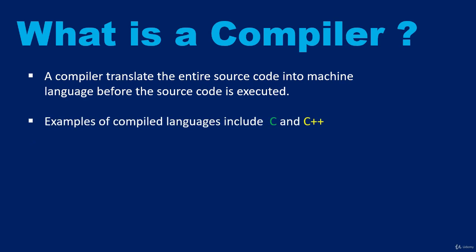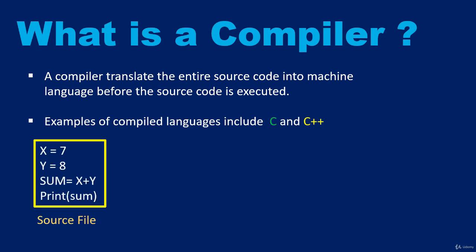So let me illustrate how the compiler works. So let's say you have your source code, and your source code is basically your computer code that you write. So let's say inside the source file, you have this. You've got x equals 7, y equals 8, and then the sum is equal to x plus y.